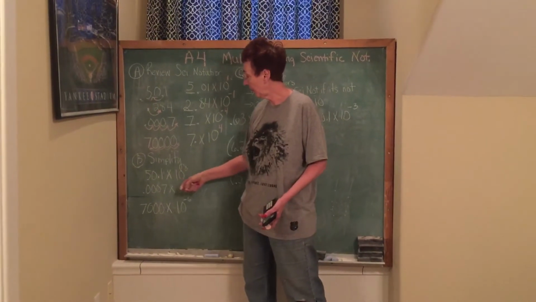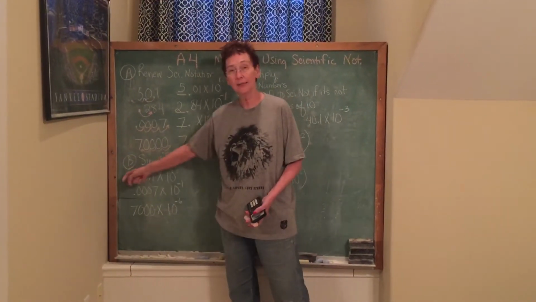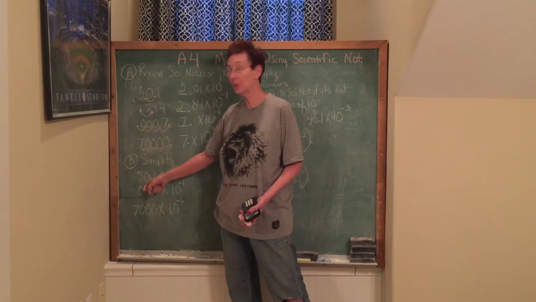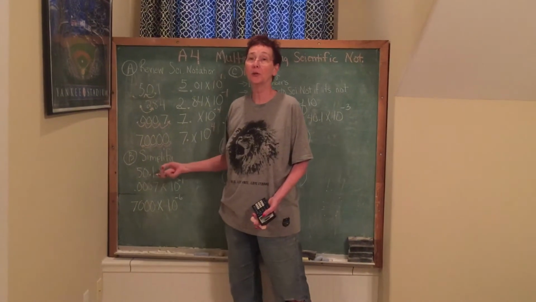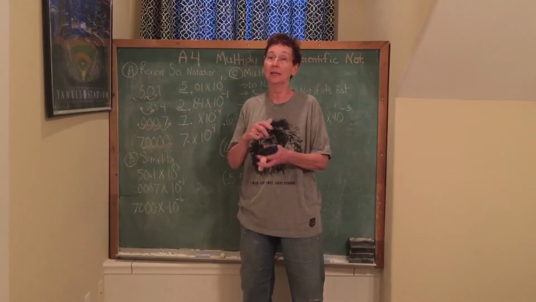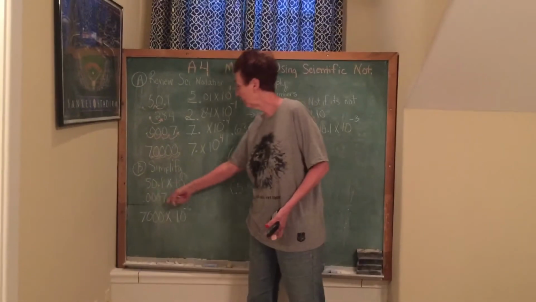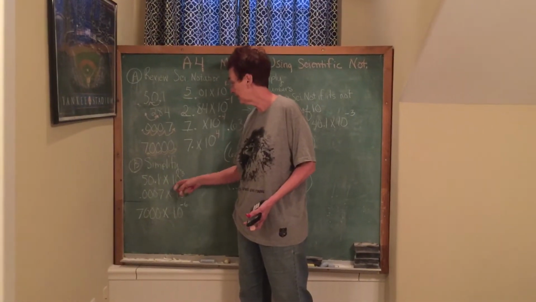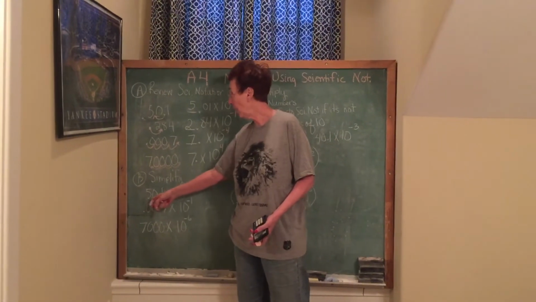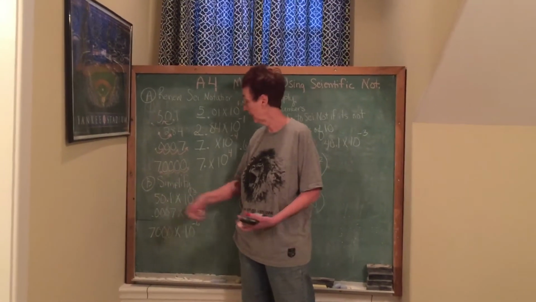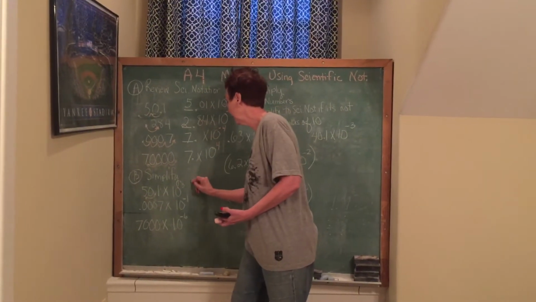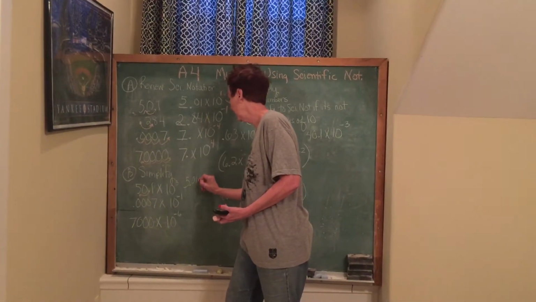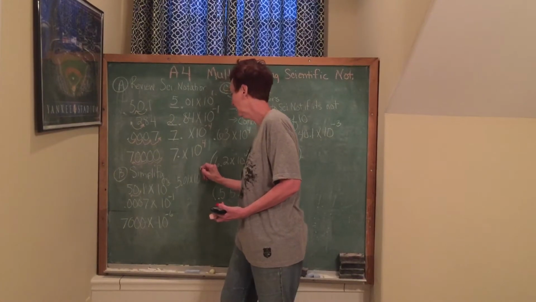Now, if you have a problem that looks like it's in scientific notation, but the number is not correctly written in scientific notation, that's where you need to simplify it to get it looking correctly. So if I have 50.1 times 10 to the third, well, we know 50.1 is not in correct scientific notation. We said you need to move it, and that would make it 5.01 times 10 to the 1.